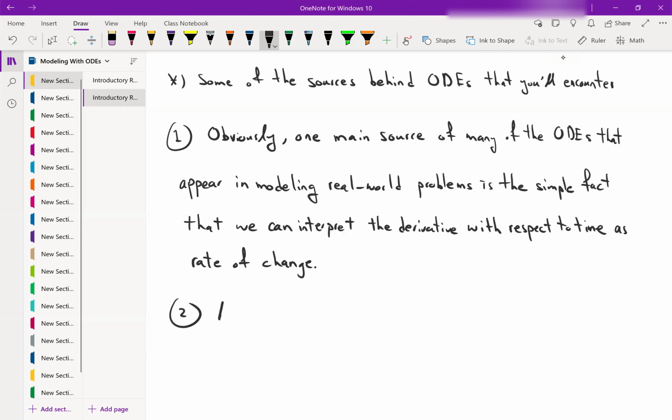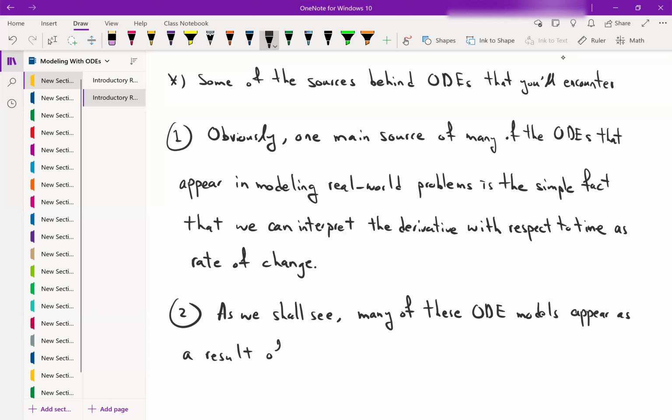As we shall see, many of our ODE models appear as a result of applying Newton's second law.